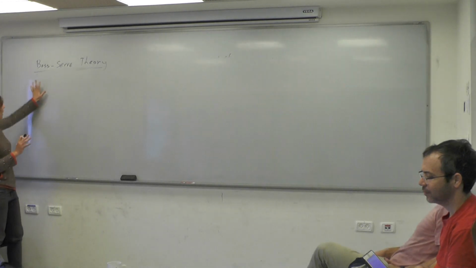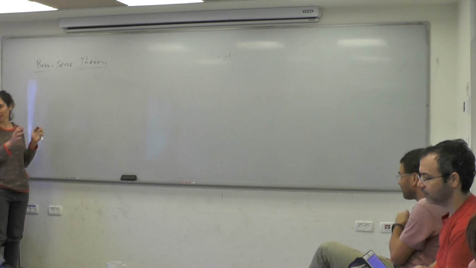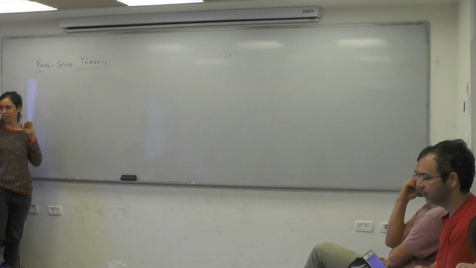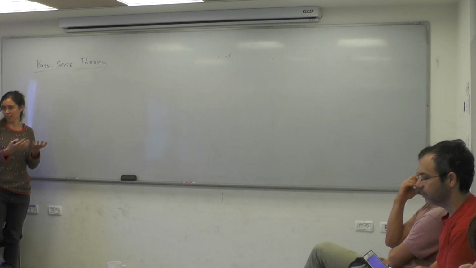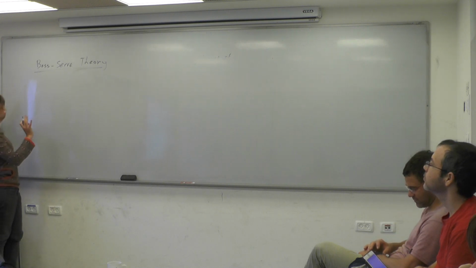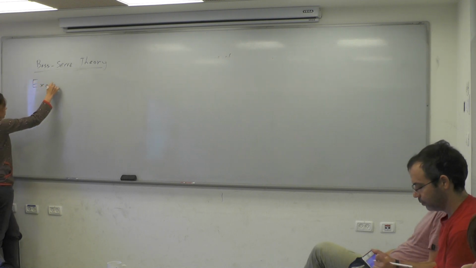That's the idea of Bass-Serre, and you can go in both directions. You can take a subgroup, understand its action on the tree, and go back and realize its structure, or you can take a group with some structure, and by this structure construct a tree on which this group will act. Okay, so this was 30 seconds on Bass-Serre theory, but now let's view examples.